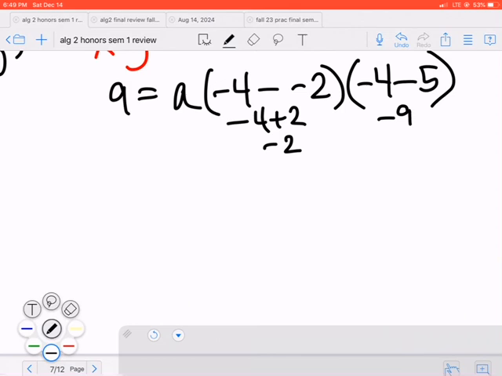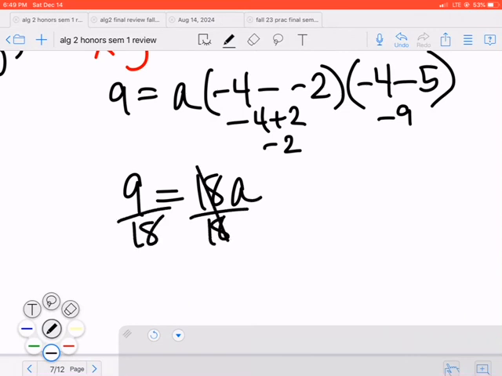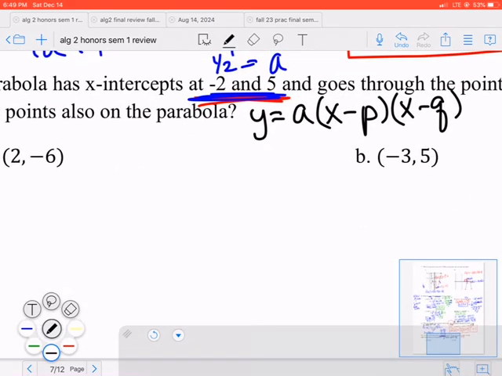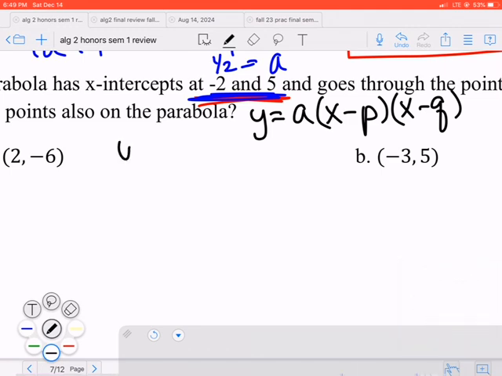That one's -9. -2 times -9 is 18, so we have 18a. It looks like we're going to have a is 1/2 again. So our equation is 1/2 times (x plus 2) times (x minus 5).